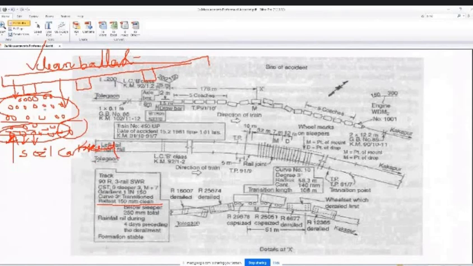So you have to measure how much is the thickness of the clean ballast, then caked ballast, then total ballast. So what is measured is 150 mm clean, then 250 mm total. That means 250 minus 150, the 100 mm is the caked ballast. Is it clear?